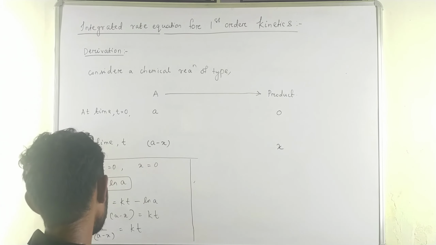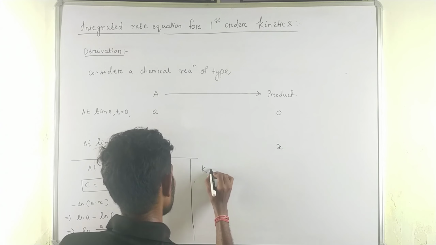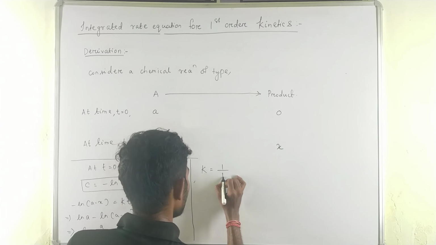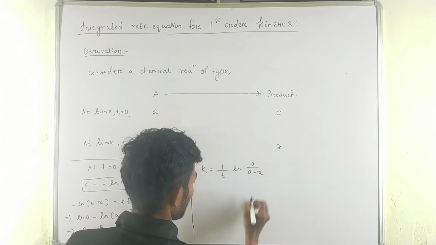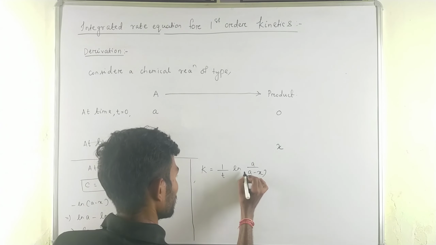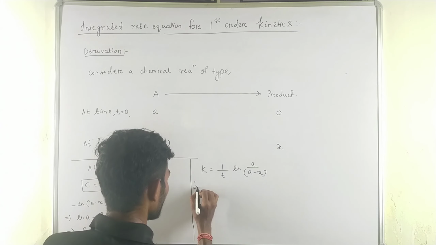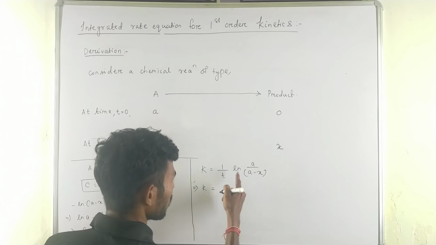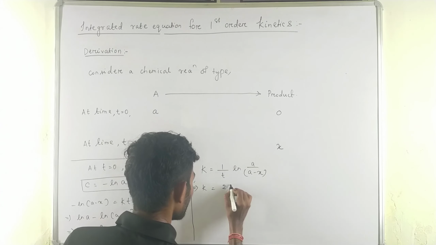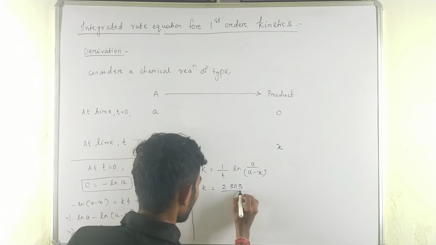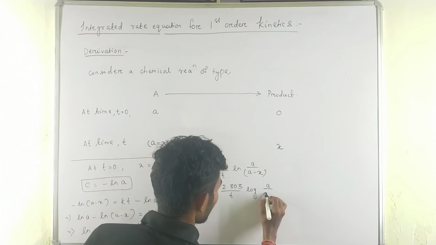Now we can write k equal to 1 by t ln a by a minus x. Converting ln to log, k equal to 2.303 by t log a by a minus x.